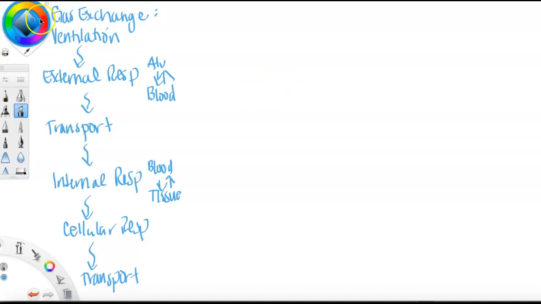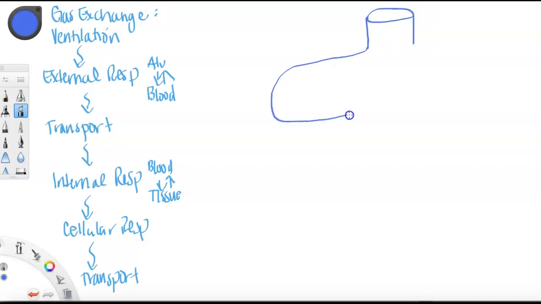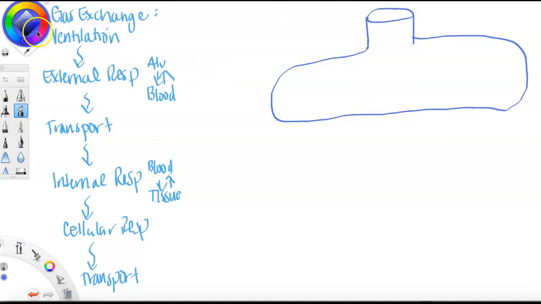So I'm going to draw you a picture. I'm going to draw you a big fat alveoli, or weirdly shaped alveoli. So here's this tube going in. Okay, looks like a foot. All right, so alveoli there, and then I'm going to draw a blood supply.